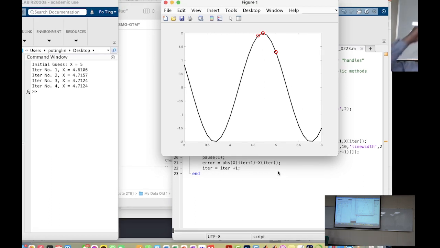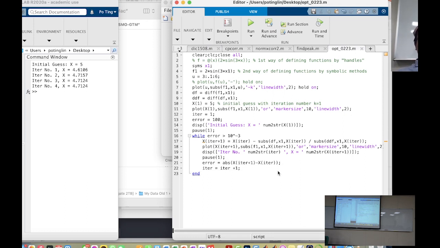How come it's coming to the top? Something's wrong.